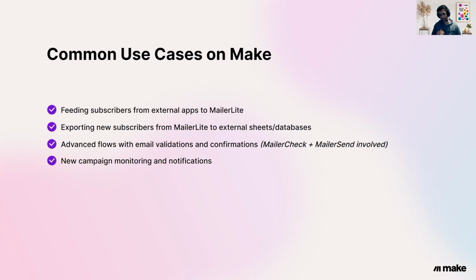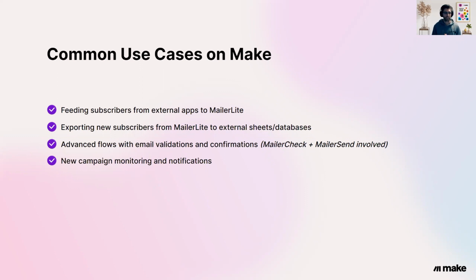Then we also see a few users using quite advanced workflows, which involve email validation and then sending confirmations back to the subscribers. And I'm going to show you a very specific example of that. For this case, we will actually talk about MailerCheck and MailerSend apps, which are part of MailerLite's product portfolio.